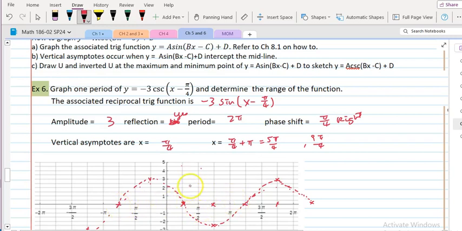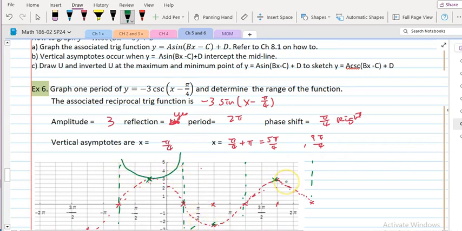Now we're going to do the asymptotes. Let's use green. The asymptote is where it's 0. So here we have pi over 4, 5 pi over 4, and 9 pi over 4, the same here. Then you do the loops: mark the 0, mark the 1 and -1, and then do the loop.